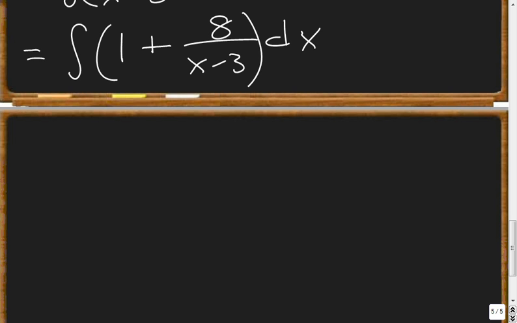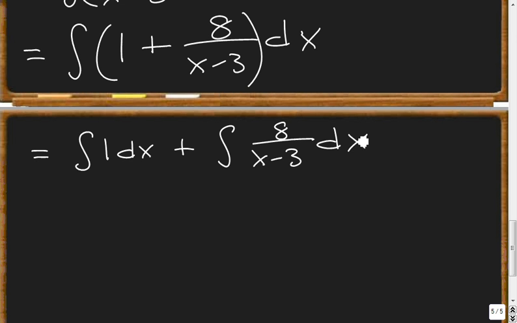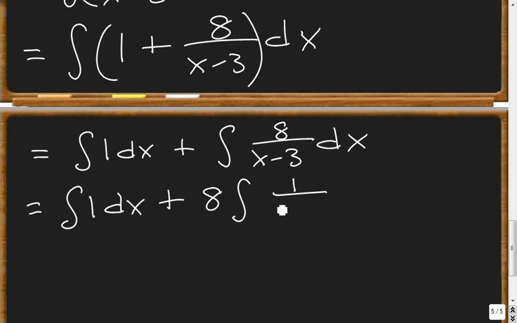Okay, so this is the same thing as the integral of 1 dx plus the integral of 8 over x minus 3 dx. Well, we learned from the previous part that I'm going to want to take the 8 and place it outside, so that I can integrate now.